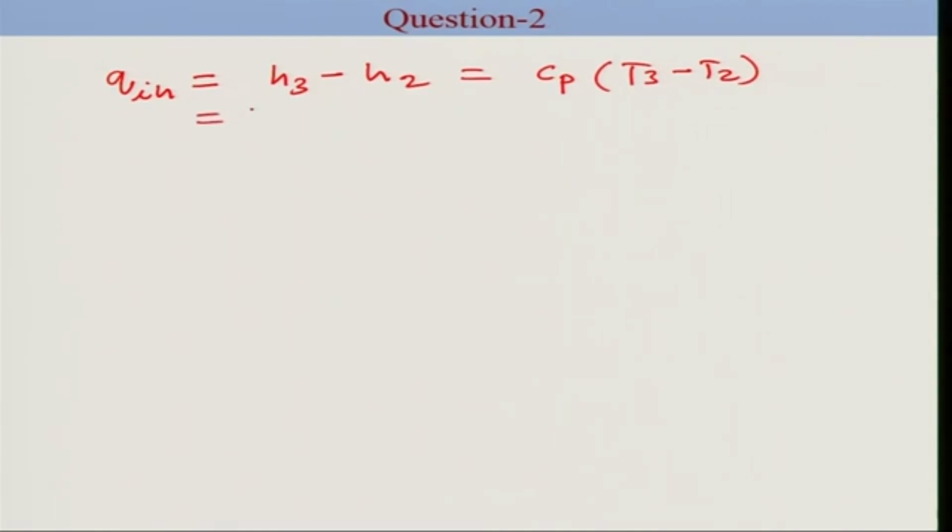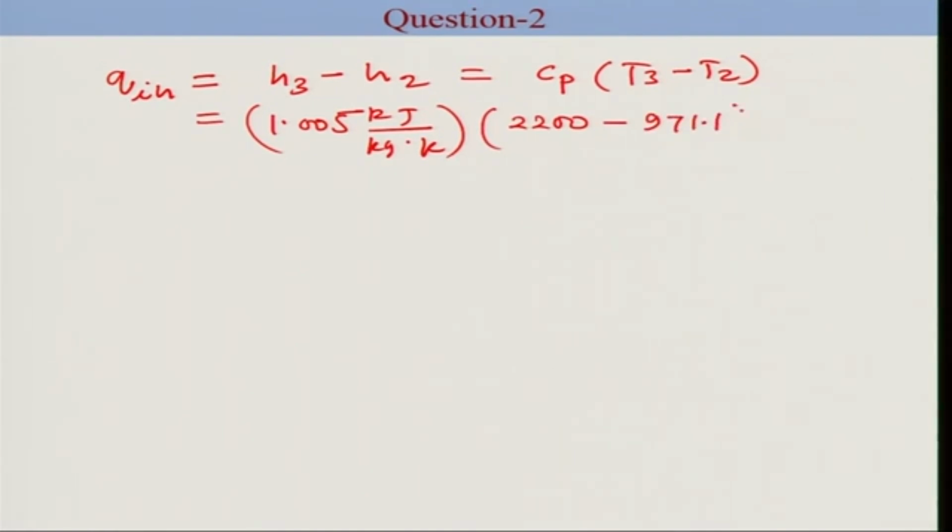Okay, and we know Cp from the air properties table, in kilojoule per kg Kelvin, times the temperature difference T3 minus T2. So from here we get Q in per kg, which is 1235 kilojoule per kg.